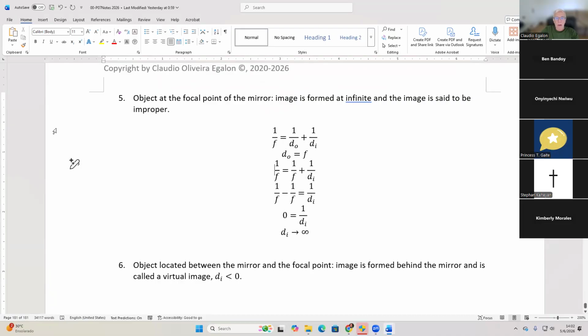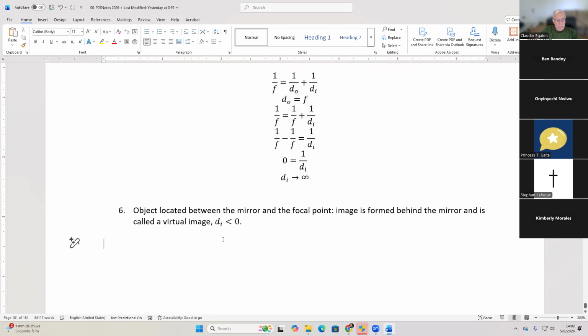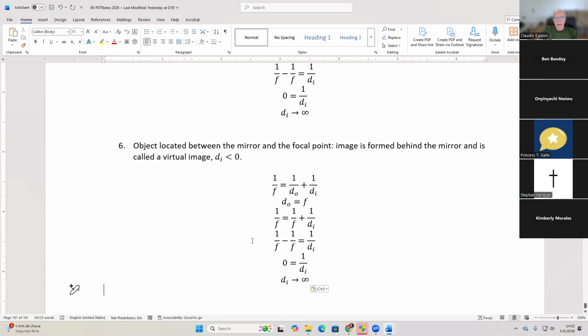Let's do that here. In this case, because the object is located between the mirror and the focal point, d naught is going to be less than f.